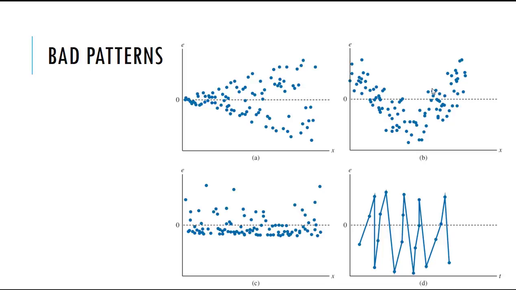So our functional form of linear is probably not the best thing going on. Then in C, it looks like there are more error terms that go out of whack up high, and a bunch of stuff down low. So it looks like a skewed distribution. Again, we might be able to transform those variables to get something useful.